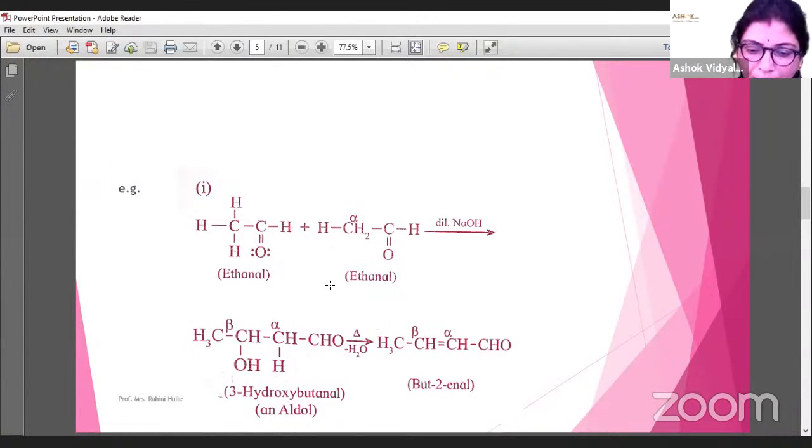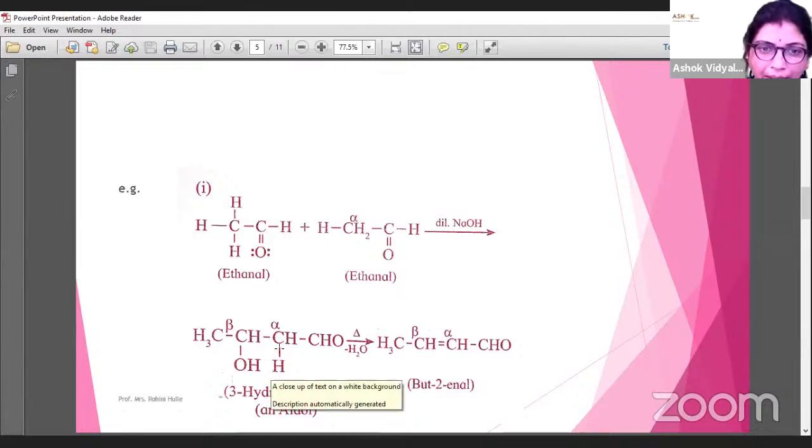See, this is an example. When two molecules of ethanal, CH3CHO, react with dilute NaOH, they form 3-hydroxybutanal, an aldol. This is aldol formation.